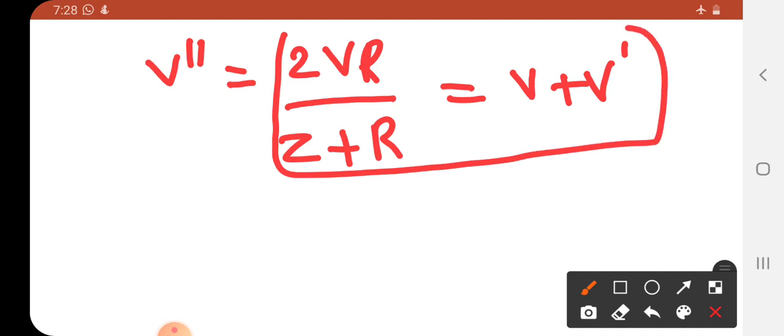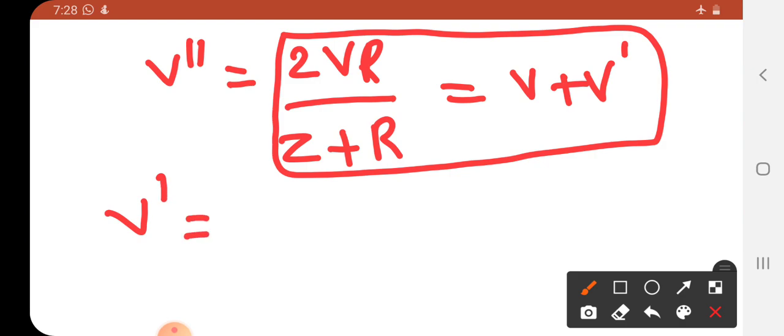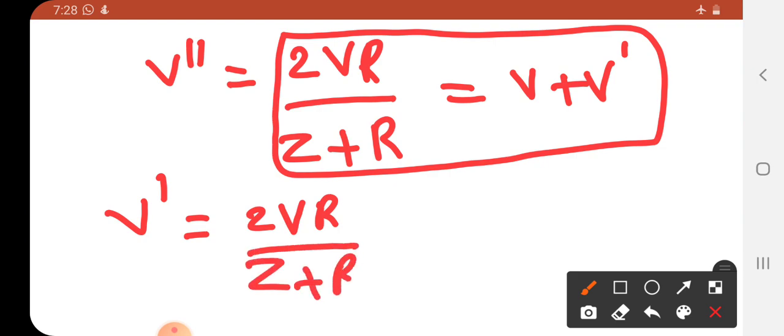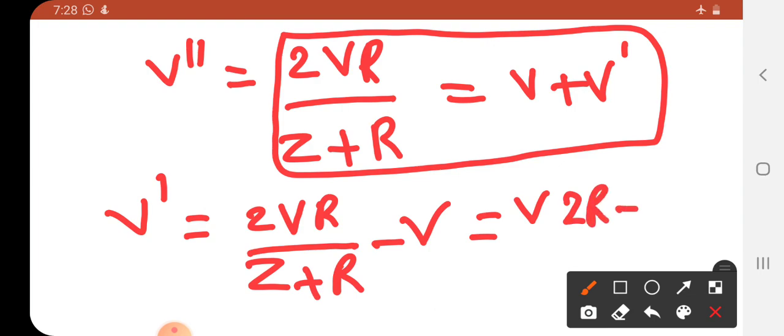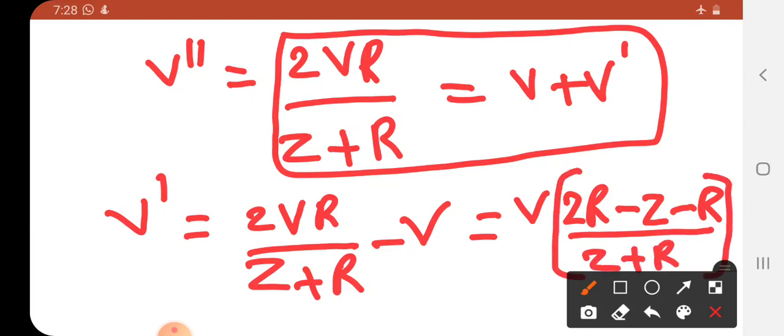From this relation find out the value of V dash. Then V dash is equal to 2VR by Z plus R minus V. If we take V as common, then 2R minus Z minus R by Z plus R. Then 2R minus R is R.